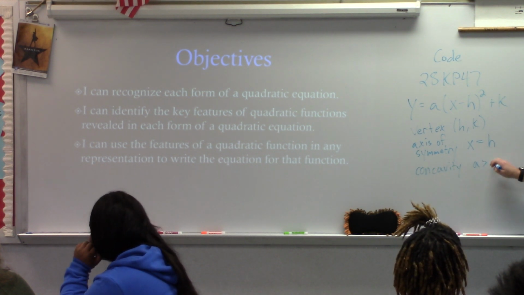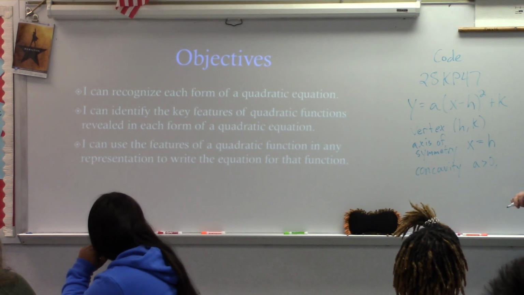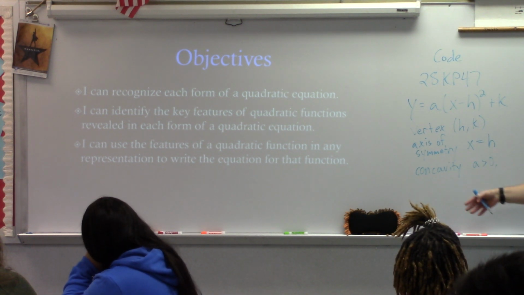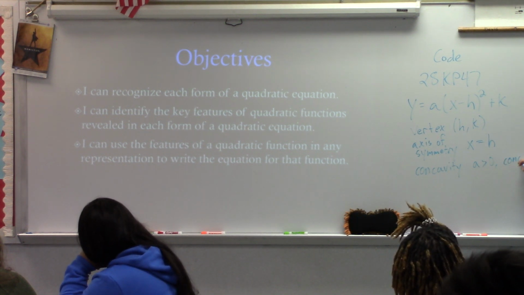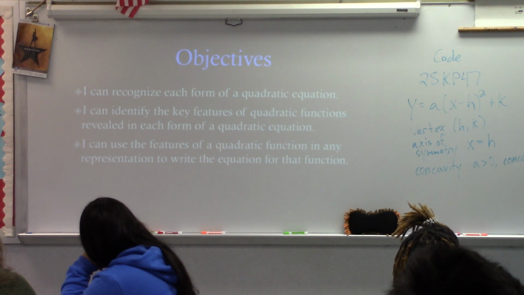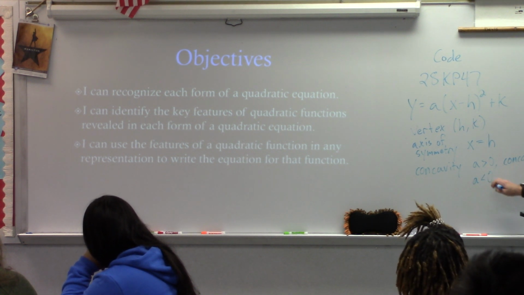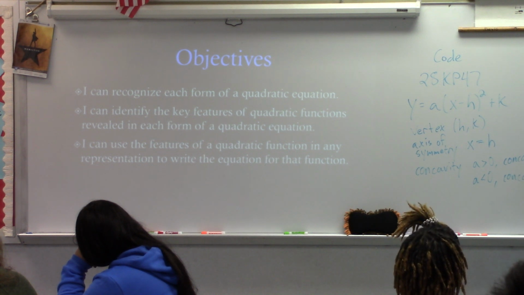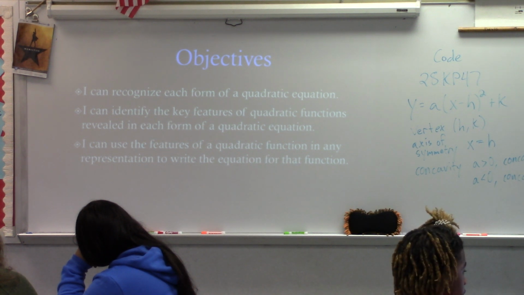If A is greater than 0, it was what? Positive. Well, A being greater than 0 is positive, but what does that mean? What does it tell us about concavity? It's up concavity. Concave up. And if A was less than 0 or negative, concave down. Concave down, right? Those are summary things, and we're going to pick back up with that today.